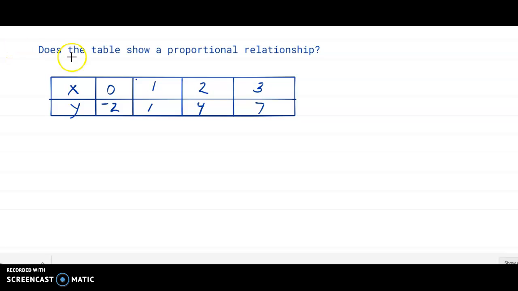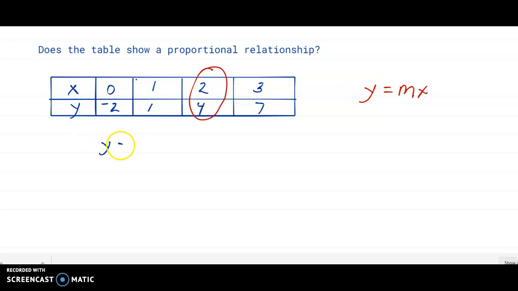Okay, so does this table show a proportional relationship? Remember that this is the equation for a proportional relationship, and we're starting to call this m to get you ready for 8th grade. So y equals rx or y equals mx. You're going to pick a set, and you're going to put this x number and this y number into that formula, y equals mx.